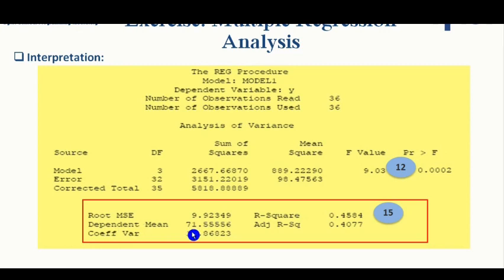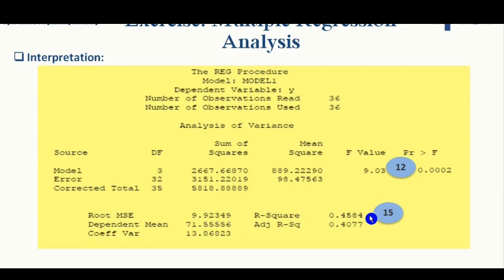Root mean sums of squares, dependent mean, coefficient of variation, etc. and R square are the things of our interest. R square is the coefficient of determination that gives us an idea about the strength of the model, how good the model fit is.